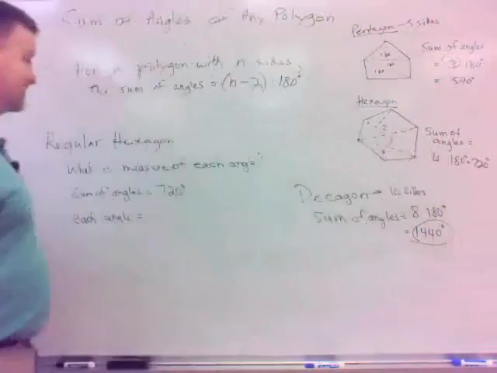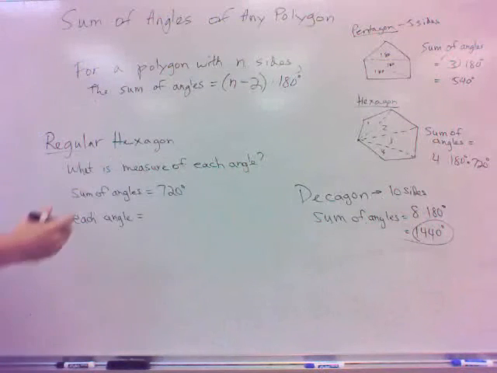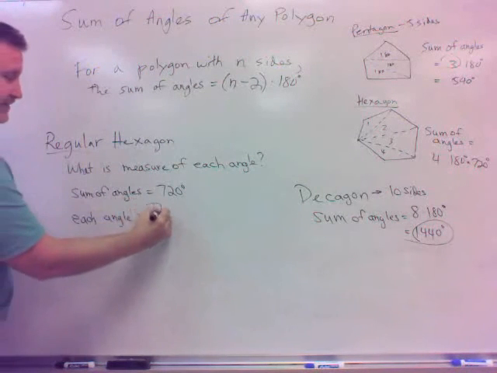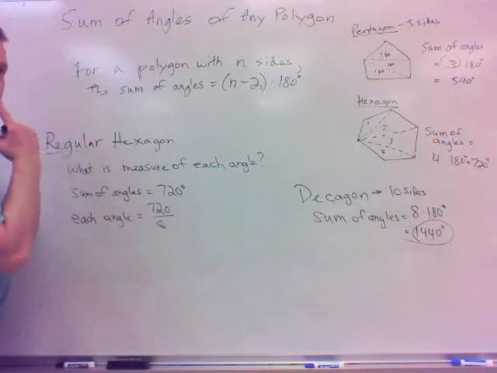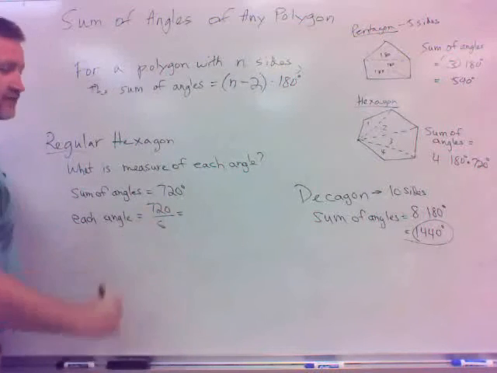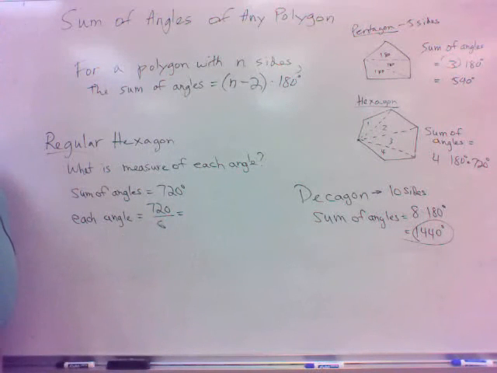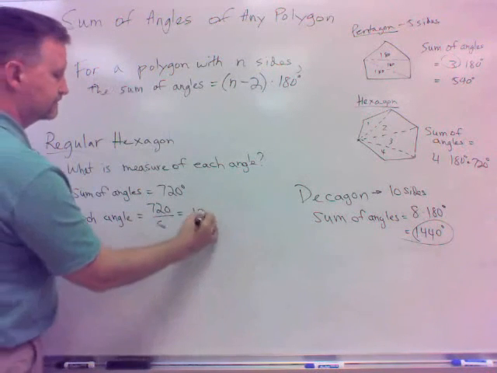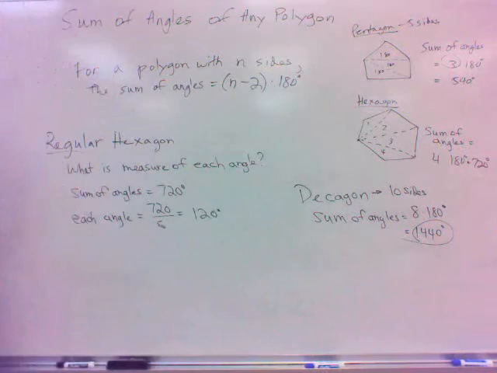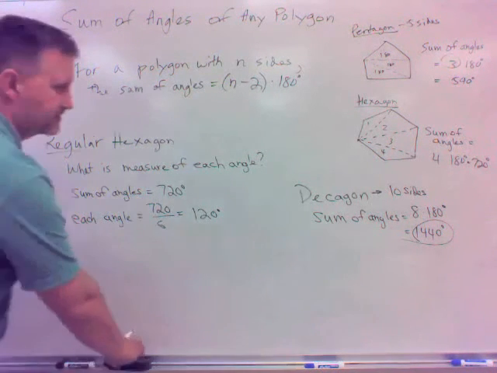Yeah, 6 angles. So if there's 720 total, wouldn't I have to divide that up by 6? Each angle's got to be 720 divided by 6, which is 120. So that just adds one extra step. So let's go through the whole thing.